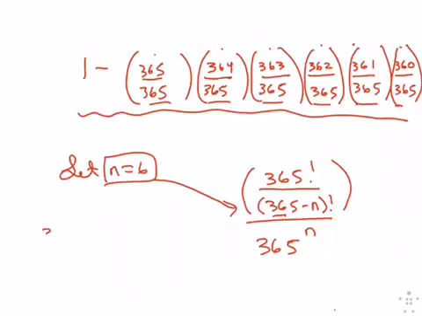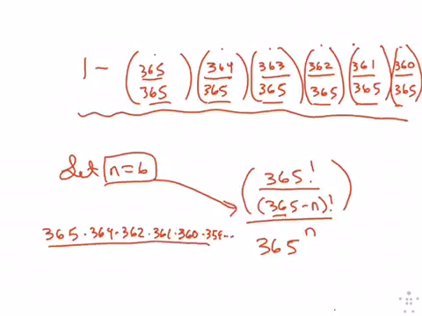So if you just think about it schematically here, 365, 364, 363, as if you were going to write out 365 factorial, 362, 361, 360, and then you'd eventually hit 359, and so on and so forth. And then if you were going to write out 359 factorial, it'd be 359, 358, 357.